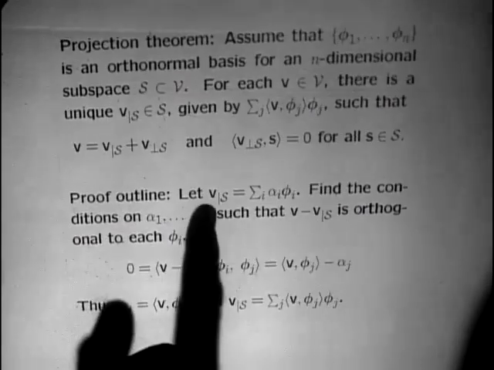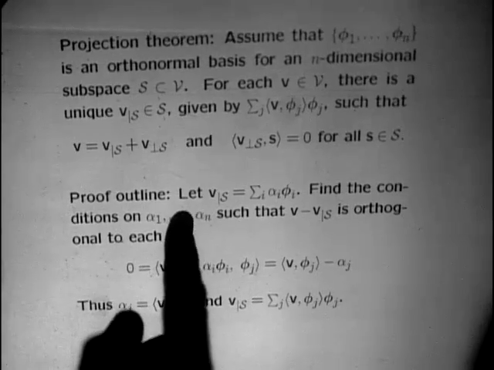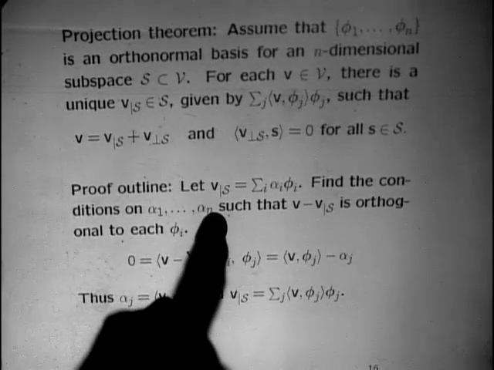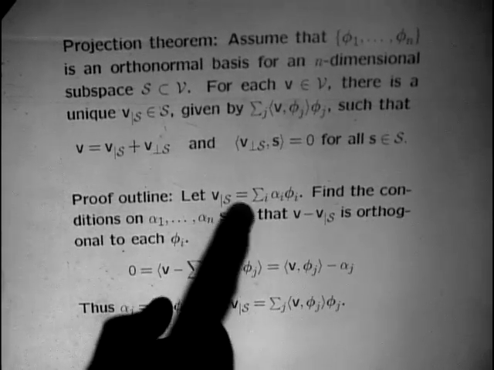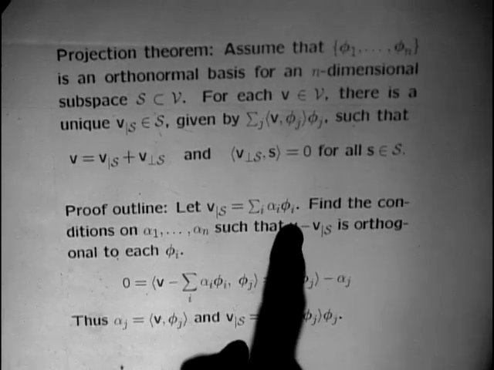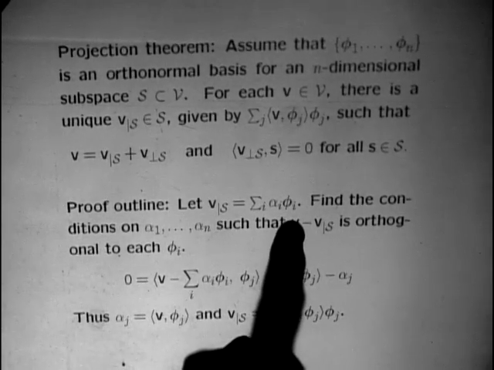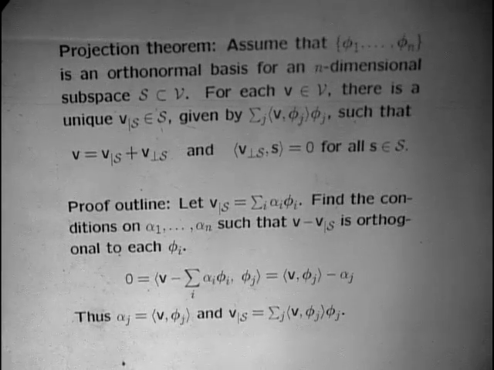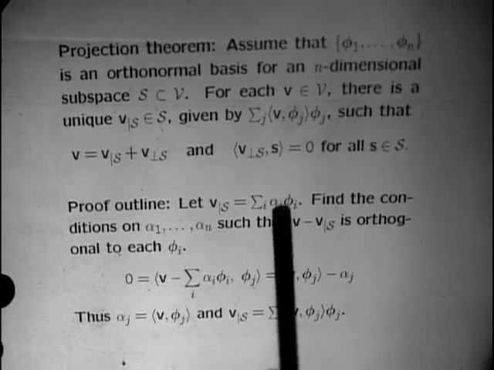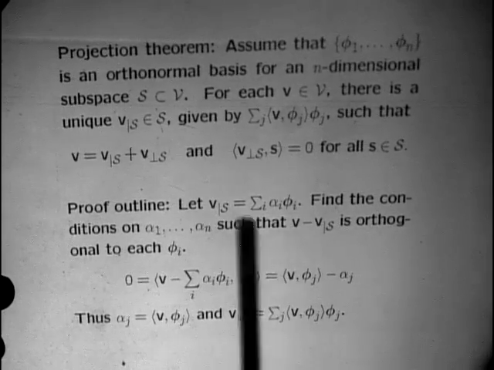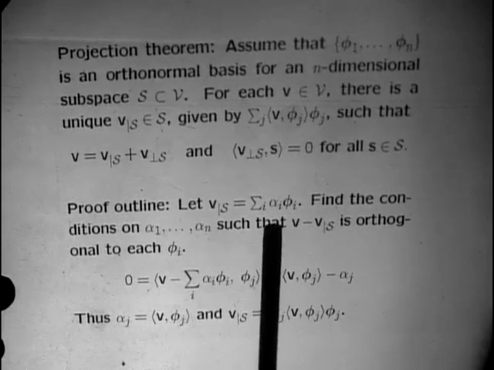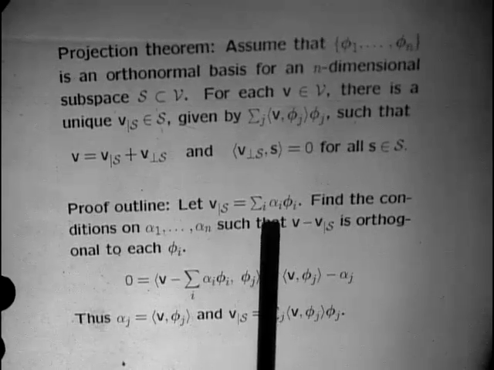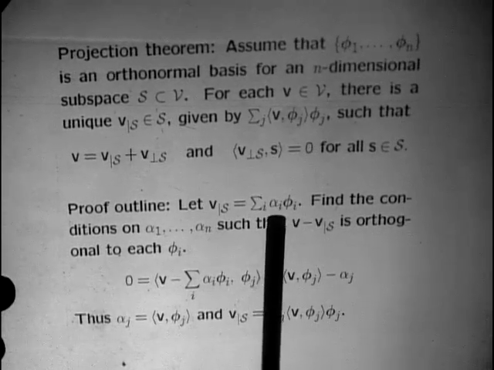I'm going to start out the same way I did before. Namely, I don't know how to choose this vector, but I know I want to choose it to be in this subspace. And any element in this subspace is a linear combination of these phi sub i's. Okay? So this is just a generic element in S. And I want to find out what element I have to use.